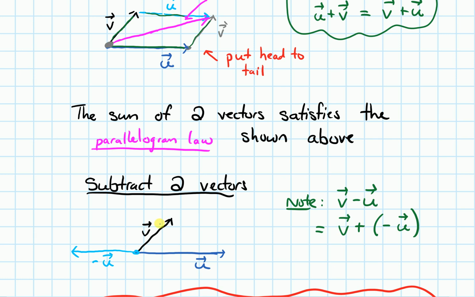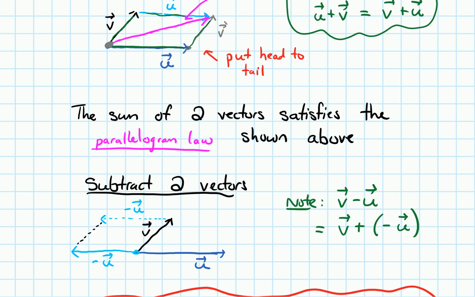So now I make my parallelogram. I'll do the head to tail thing, and I'll put negative u here. Then I'll fill out my parallelogram by drawing on this other side. Now I have to draw that diagonal of the parallelogram.